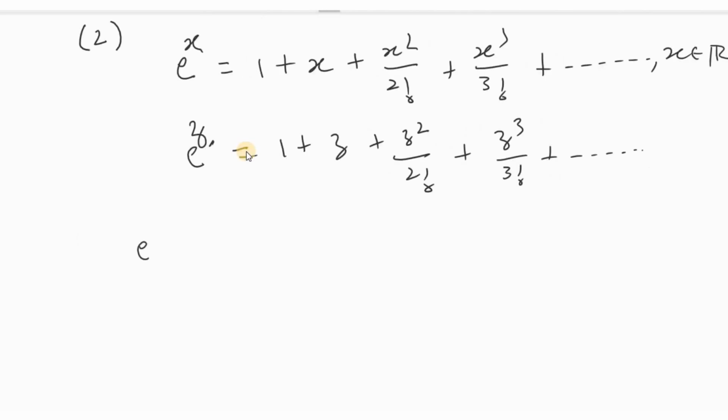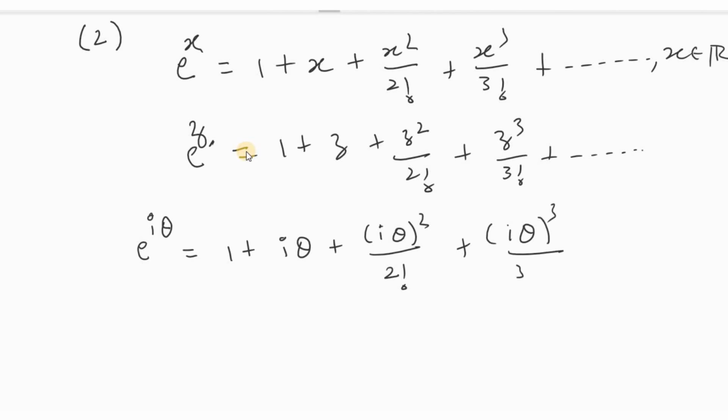If I put z equal to i theta, then this expansion will give you i theta plus i theta square upon 2 factorial plus i theta power cube upon 3 factorial and so on.